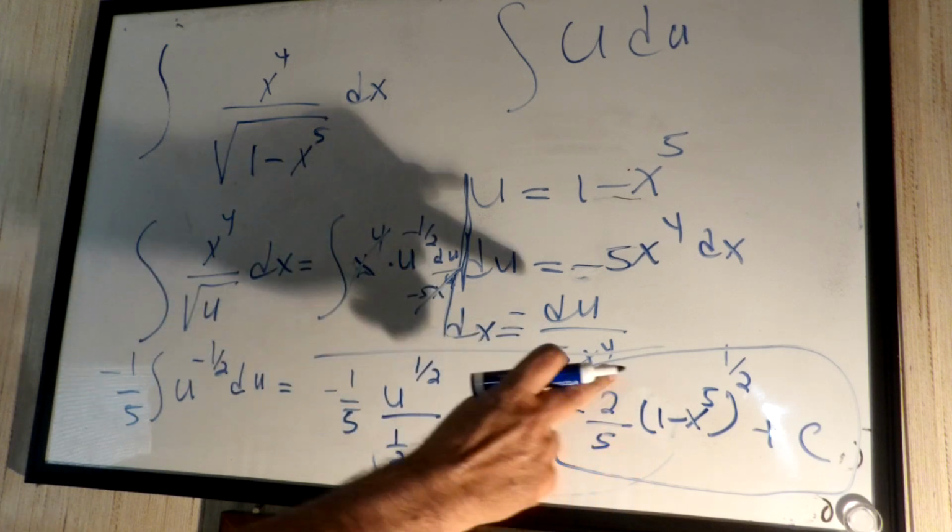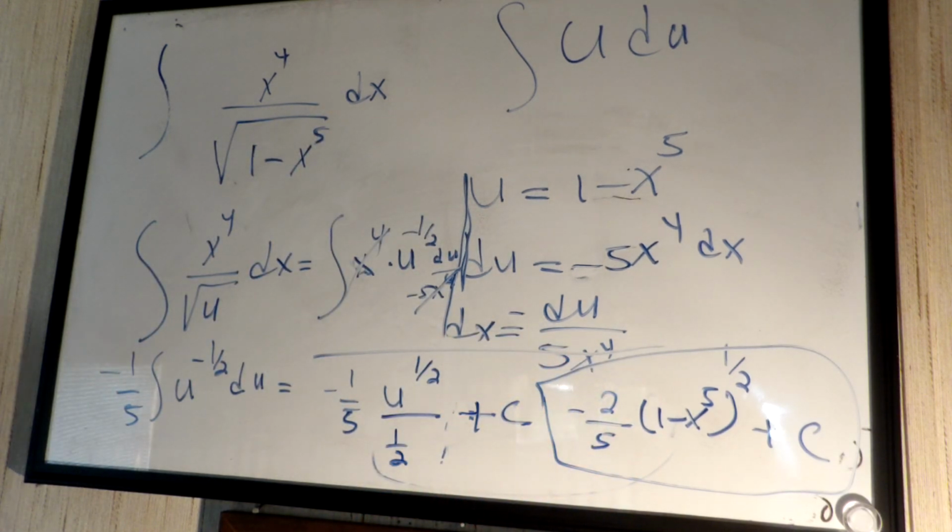You can change this power of 1 over 2 to radical form.